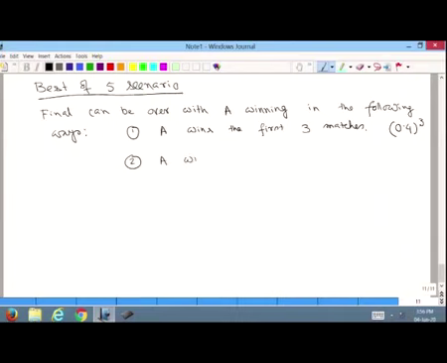Two, A wins 2 of the first 3 matches and then wins the 4th match.